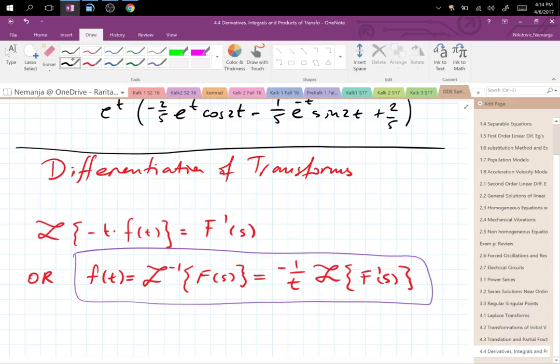So I just want to get the example from the exercises. Oh, they're there. Okay, so any of these is fine. How about t squared cosine 2t?